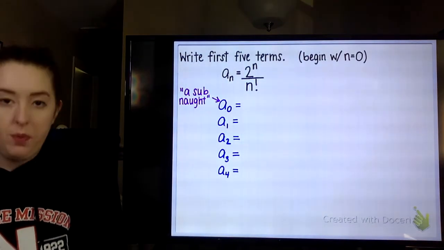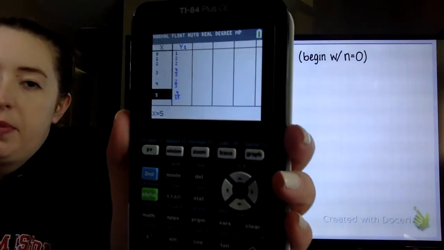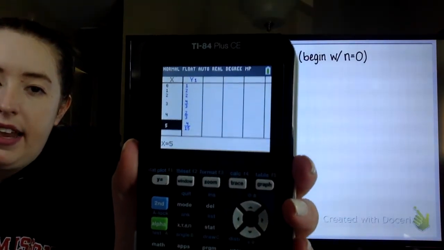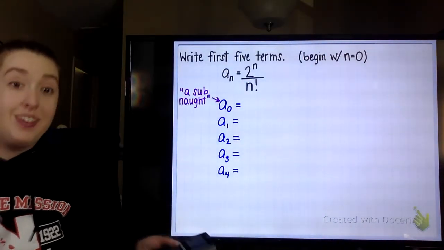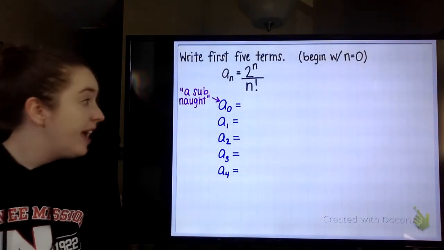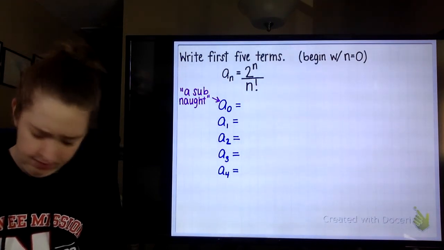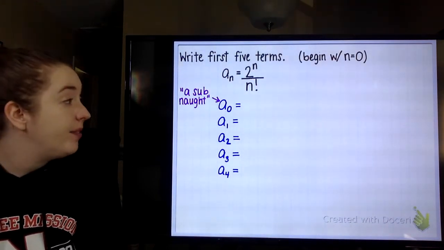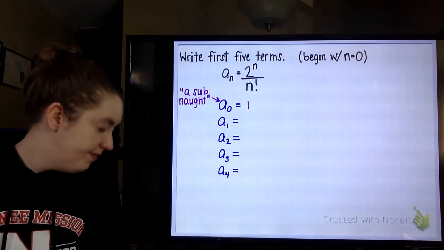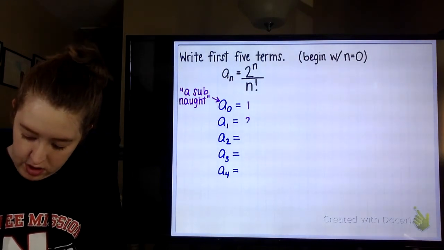Okay, cool. Anyways, so I went into my X's and I plugged all of those in so I don't actually have to go and solve all of these. So let's take a look. A sub naught is going to give me 1. A sub 1 is 2.